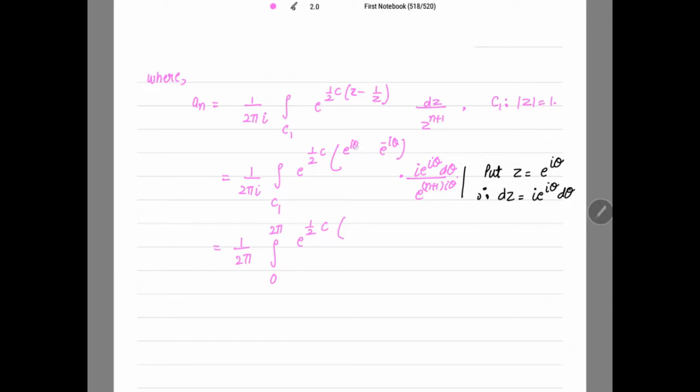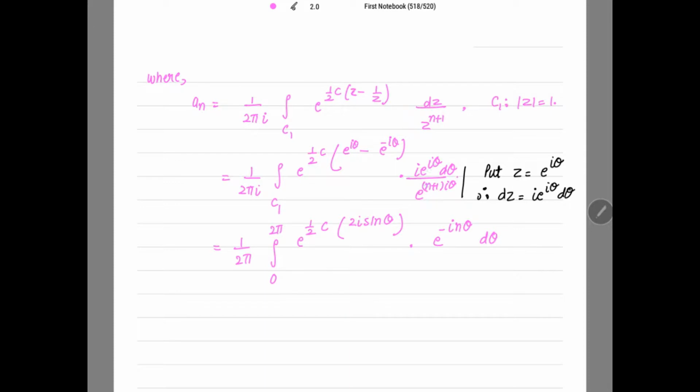So in the next page, here also we have to put z minus 1 over z, and this will be e to the power iθ minus e to the power minus iθ. Now the formula for this is e to the power iθ minus e to the power minus iθ equal to 2i sin θ. When the positive sign is present, we write it as 2 cos θ. When the negative sign is present, the formula is 2i sin θ, into e to the power minus inθ dθ.